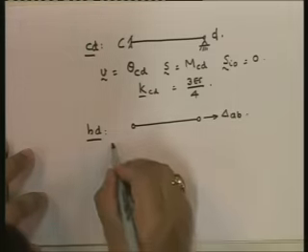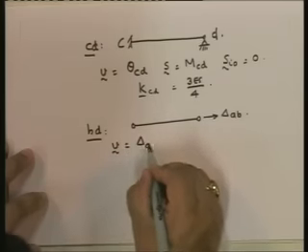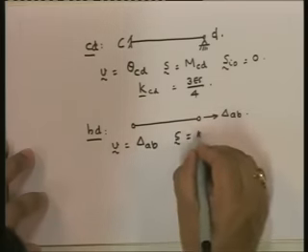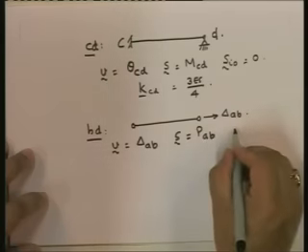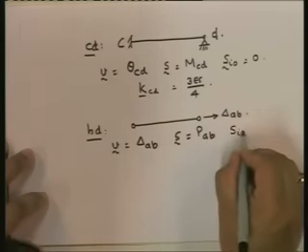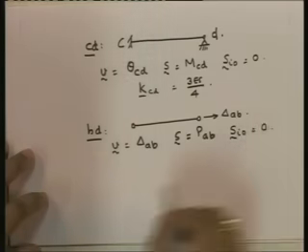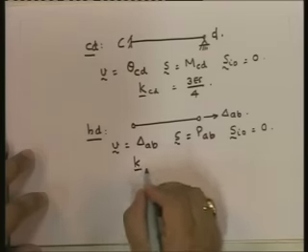So its V is equal to the axial deformation delta BD, its S is equal to P_BD, and its S_I0, since there is no axial force in the member, is going to be 0.